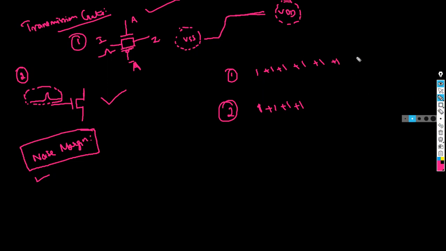So since this one is kind of majority, but the answer one is totally wrong. Now remember, in case of transmission gate, if there is a kind of glitch, what will happen to your output? It would get amplified much better. It would become a bigger one because of the structure.